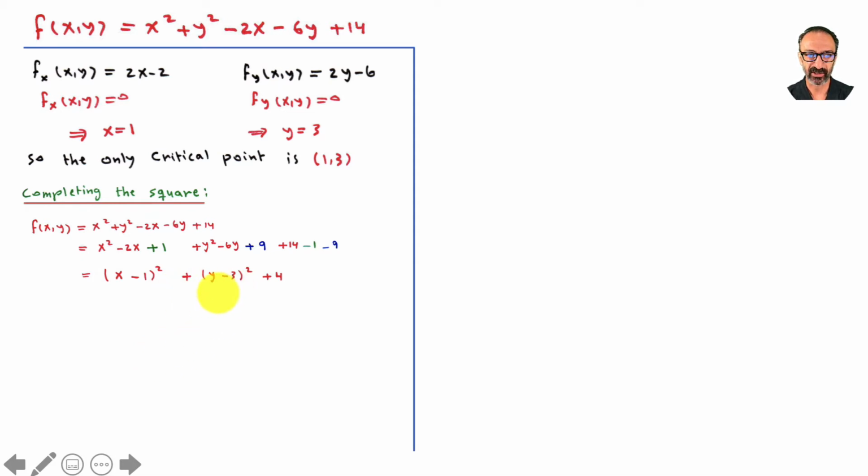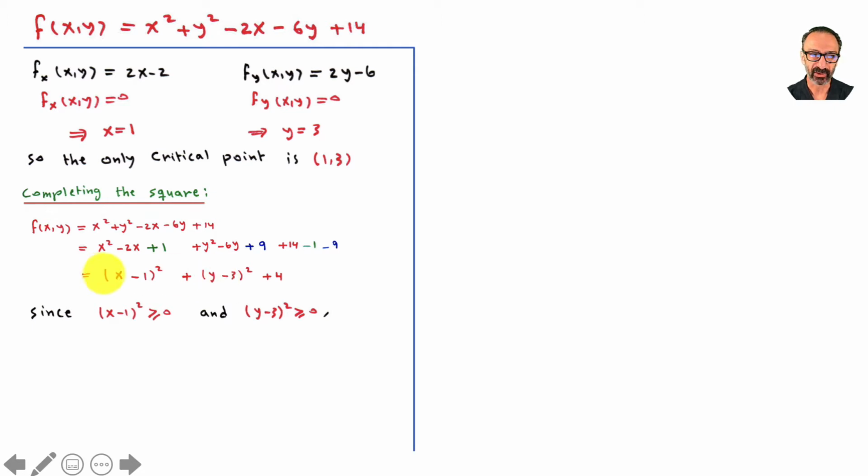Now if you notice here, I could see the vertex, which is at (1, 3), leveled up to 4, because we are in 3 dimensions. Since this is positive or 0, and this is positive or 0, they can't be negative.